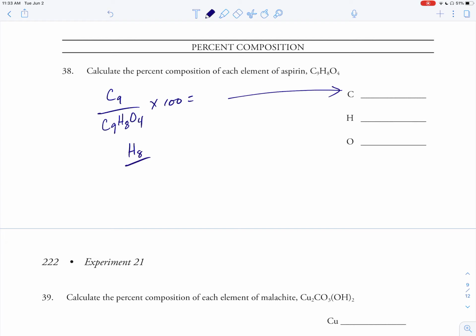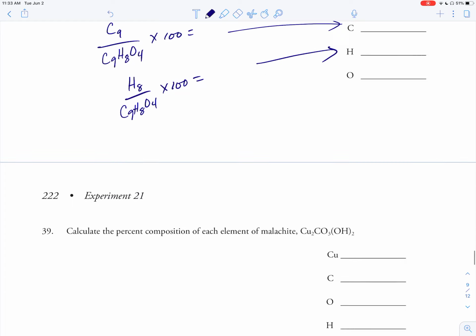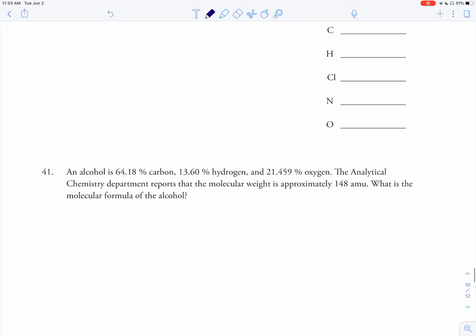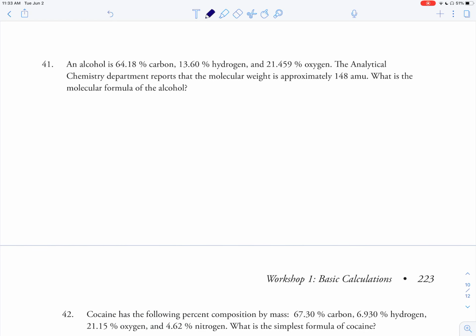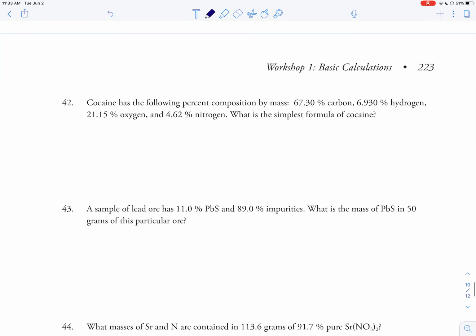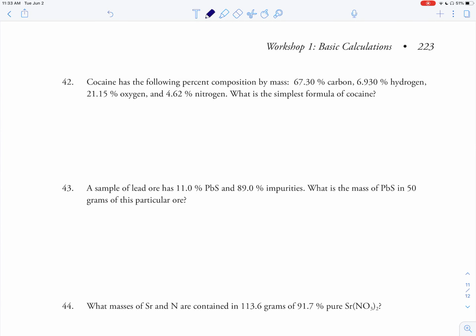So it would be eight hydrogens over the entire substance times 100 to give you percent of hydrogen. And then you do the same for oxygen. And so percent compositions are pretty easy. You can also use those to figure out what the formulas happen to be, the empirical or molecular, and there are examples of how to do that in your lectures.